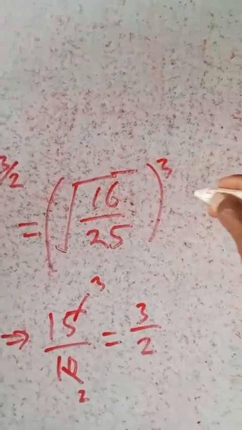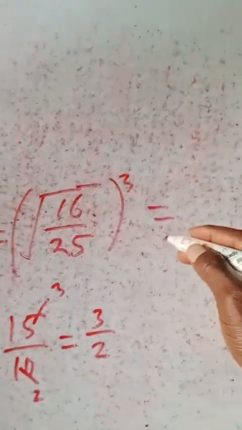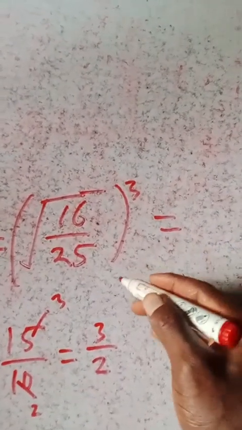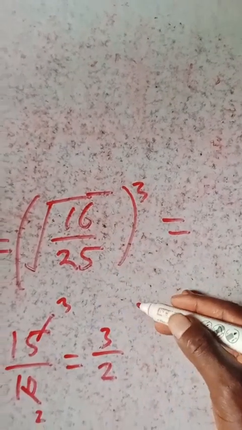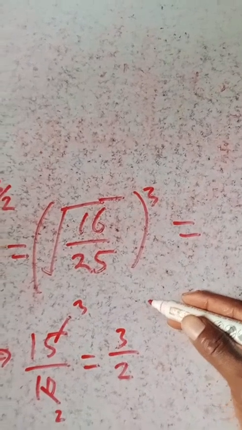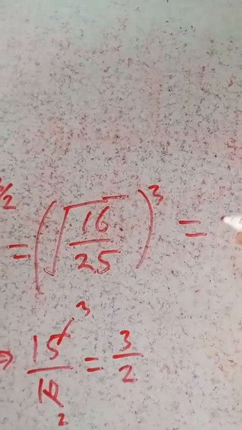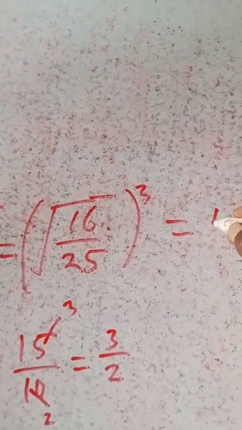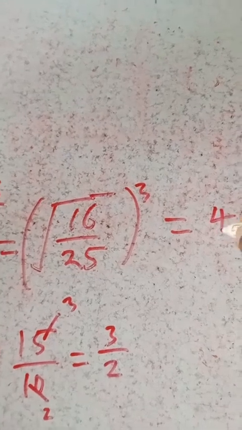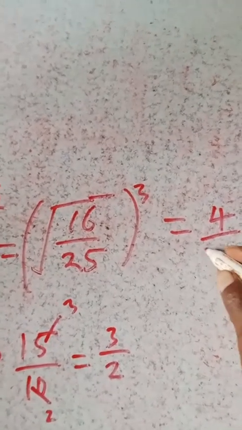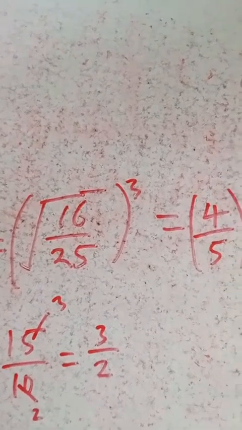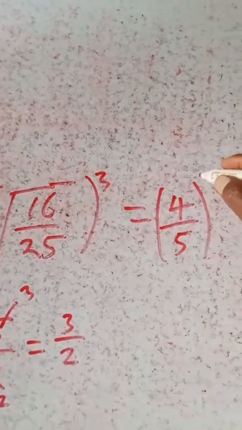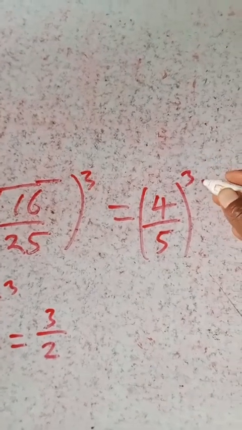So the next thing, we take the square root of 16 and 25. Square root means what number can multiply itself 2 times to give you 16, and I think it's 4. Square root of 16 is 4, all over the square root of 25, which is 5, and we still put our power, which is 3.